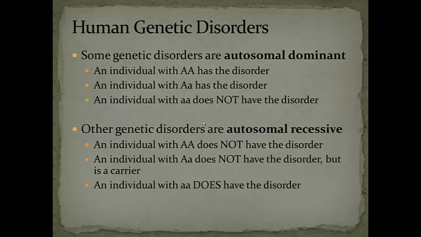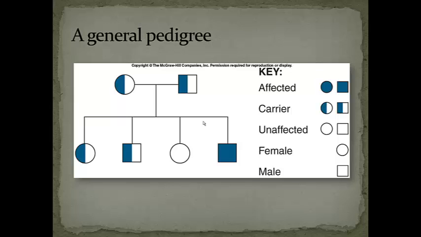So if they have children with someone else who either has the disorder or is a carrier, then their children may have the disorder. And when we look at genetic disorders, we usually don't look at a Punnett square. A Punnett square is a predictive thing, what might happen from a given reproductive event. What we generally do is look at a pedigree, which is kind of a genetic family tree.